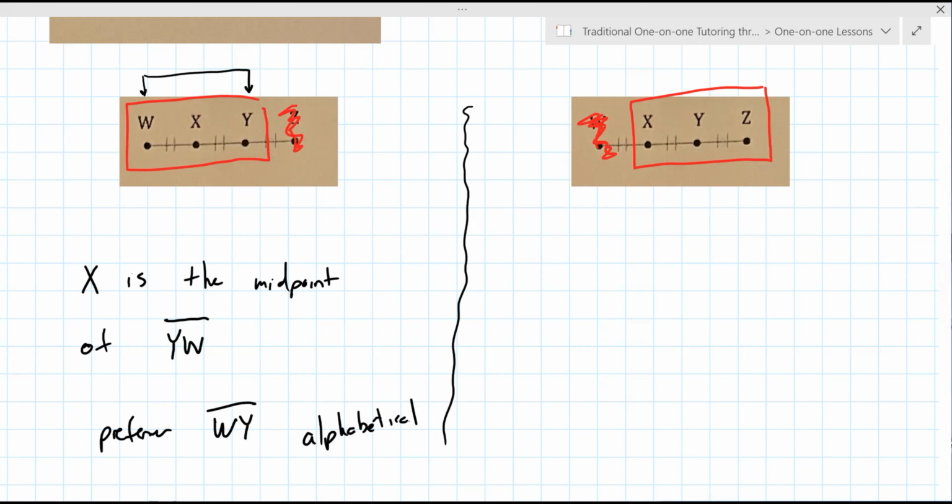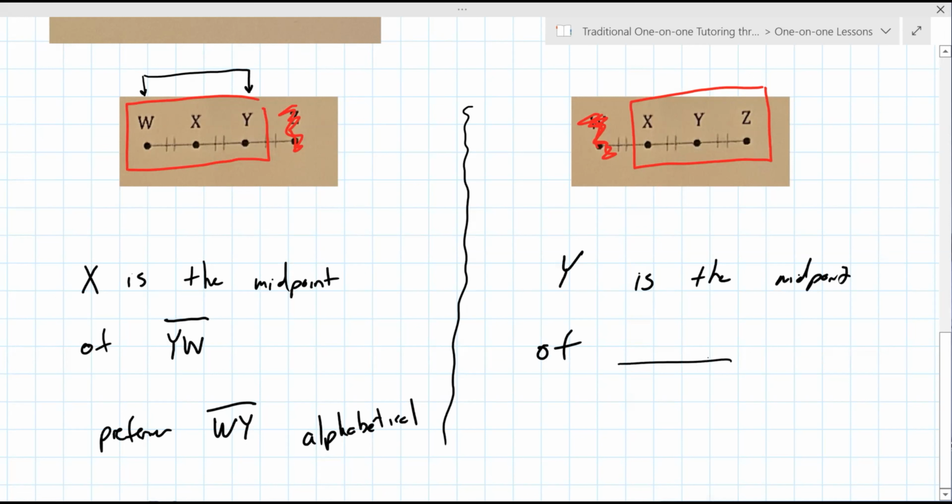Okay, now on this other one here, on the one on the right, what is the middle letter? Y. Okay, so Y is the midpoint of, and what goes there? What is it the midpoint of?